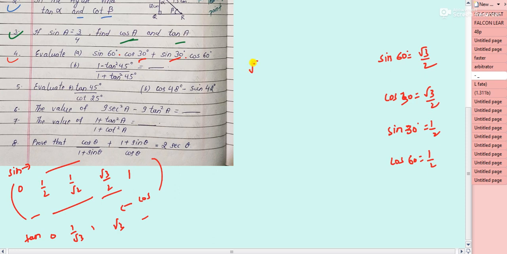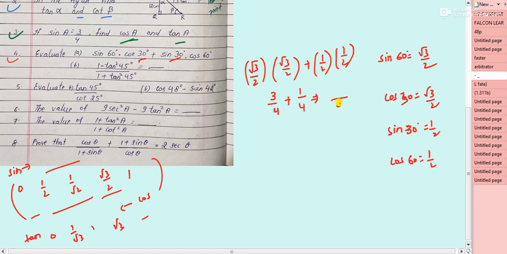Sine 60 is root 3 by 2 into, this is again root 3 by 2, plus 1 by 2 into 1 by 2. So root 3 into root 3 is just 3, 2 into 2 is 4, plus 1 into 1 is 1, 2 into 2 is 4. So taking 4 as LCM, you will get 3 plus 1, which is equal to 4 by 4, and that is 1. So the answer is 1. For this question, the answer is 1.